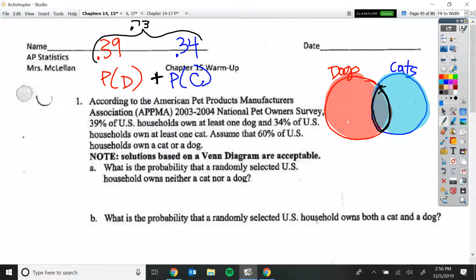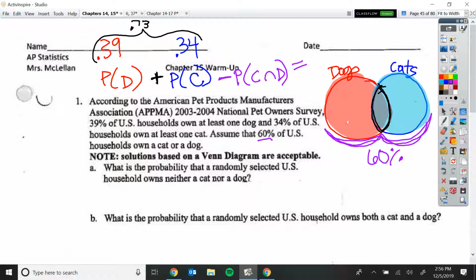Well, that comes into play whenever we are told this. 60% of the US, so these two things together make up 60% of the United States. So I should add them together, take away the double counted cat and dog owners to equal 60%.